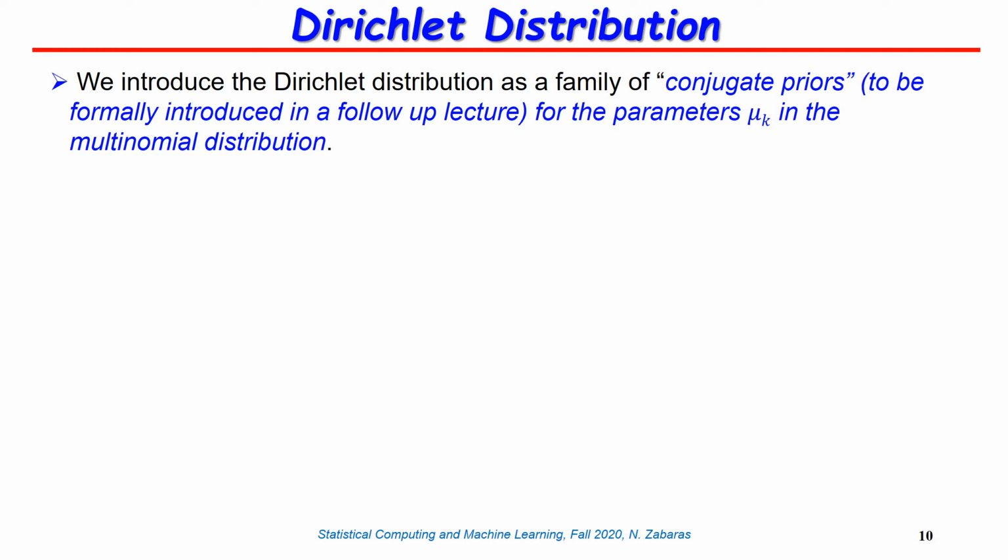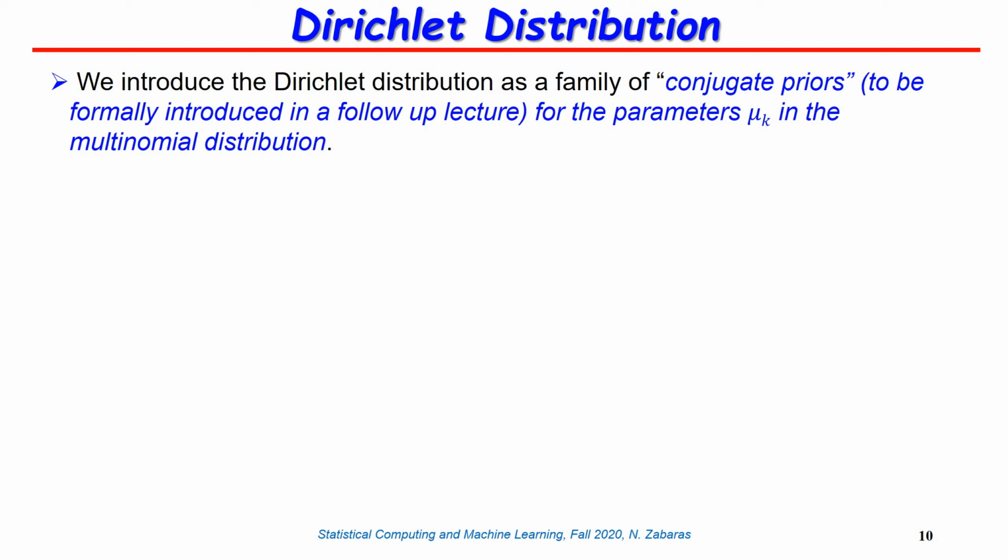If you remember, we had a coin that has K different faces, or K different states. We are conducting capital N experiments, and in the multinomial setting, we get m1 times the state 1, m2 times the state 2, and so on.